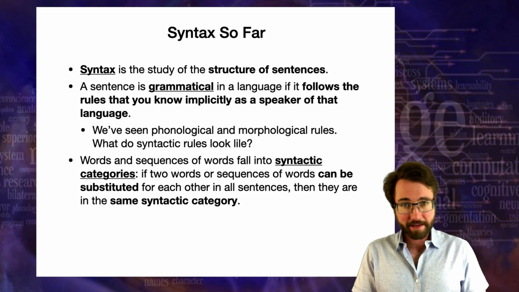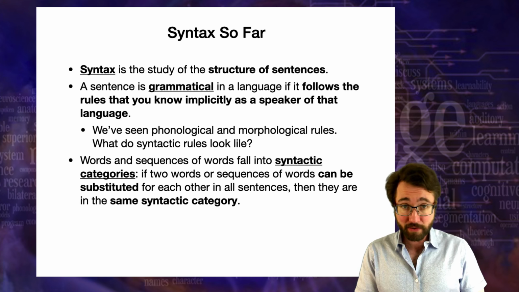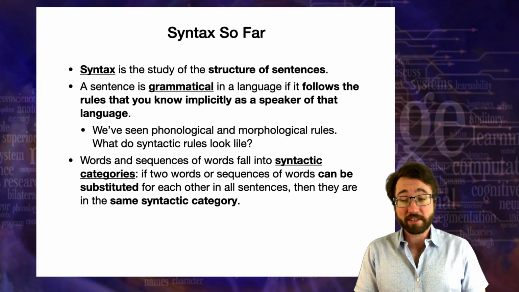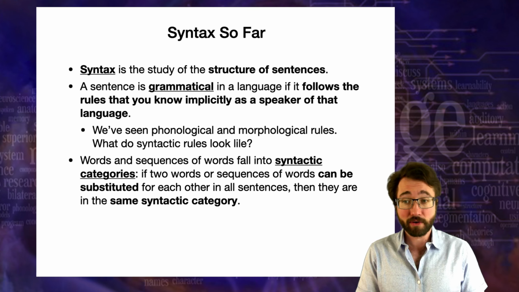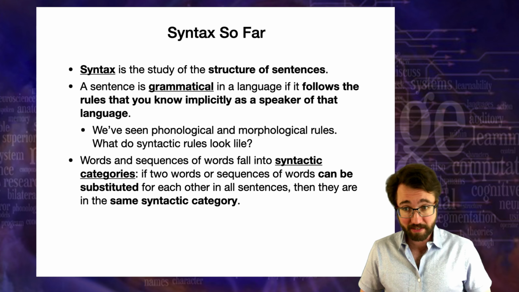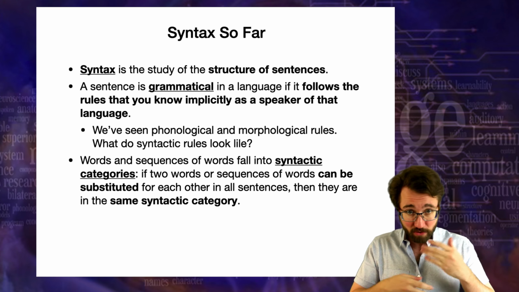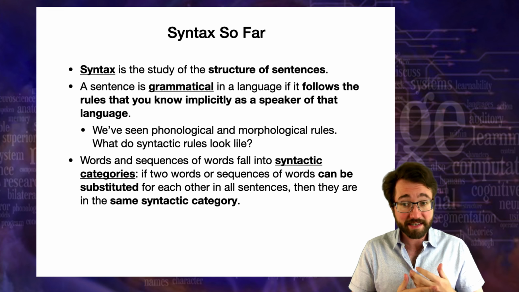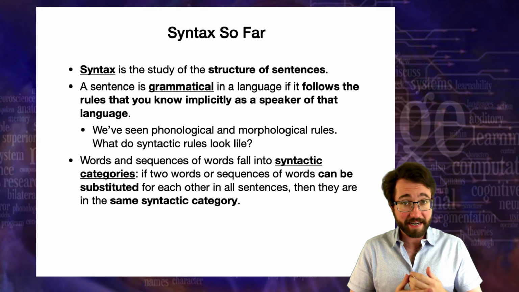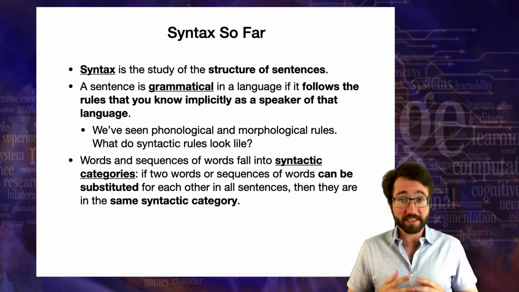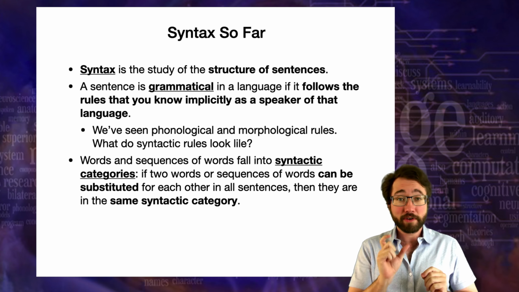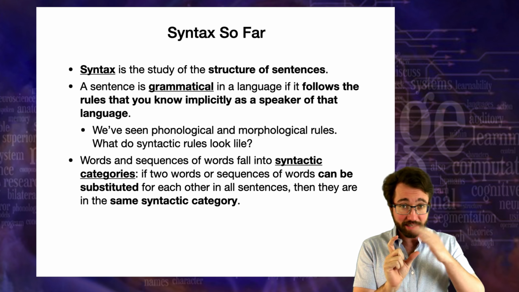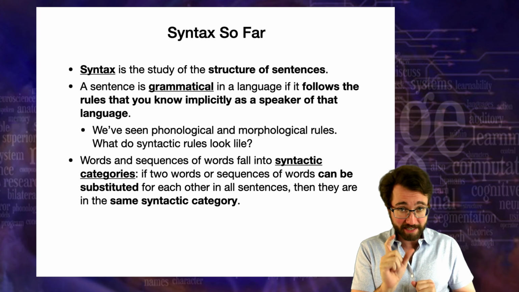We've seen already that words and sequences of words fall into what are called syntactic categories. So if two words or two sequences of words can be substituted for each other in all sentences, then they are in the same syntactic category. The definition of syntactic category is if you can substitute the words in all contexts, then they're in the same syntactic category.